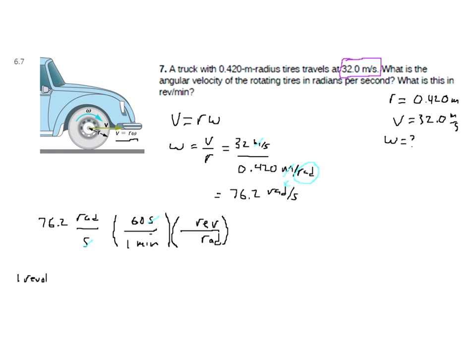So one revolution is one trip around the circle. And of course, one trip around the circle is 360 degrees, or 2 pi radians.